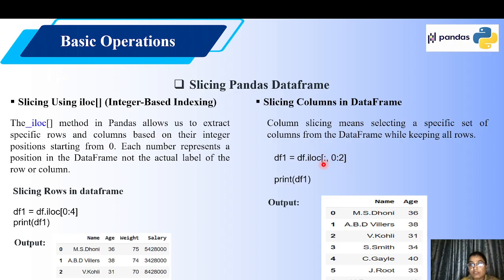This colon means it will keep all rows, so it means you select all rows. And for columns, here you just access columns 0, 1, 2.